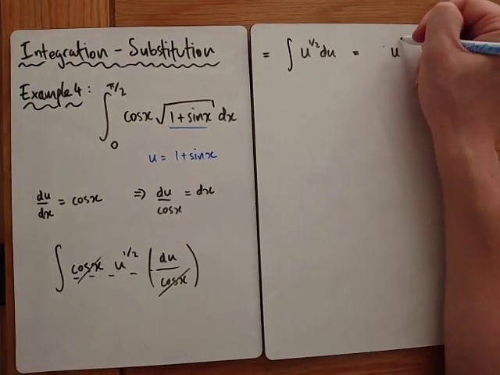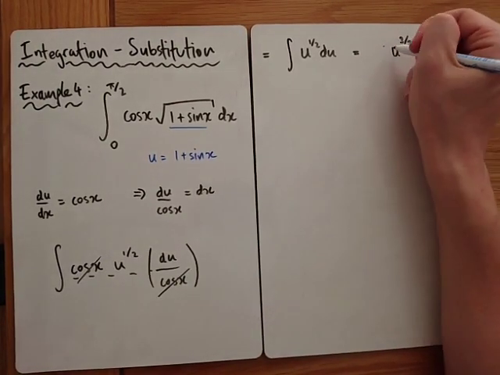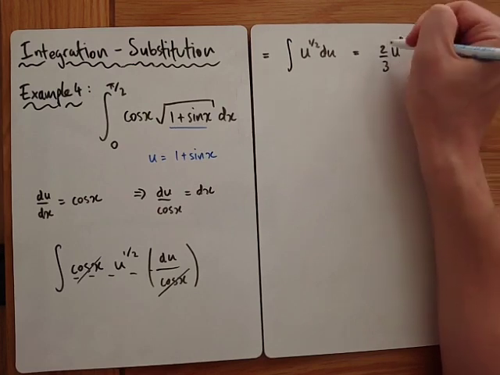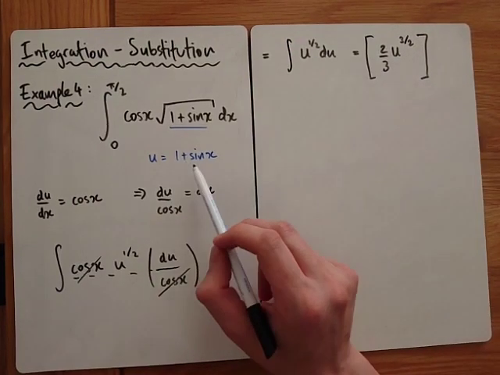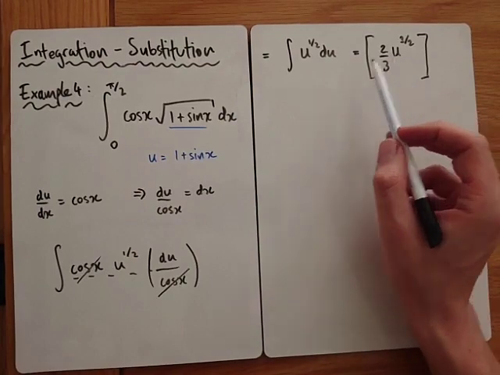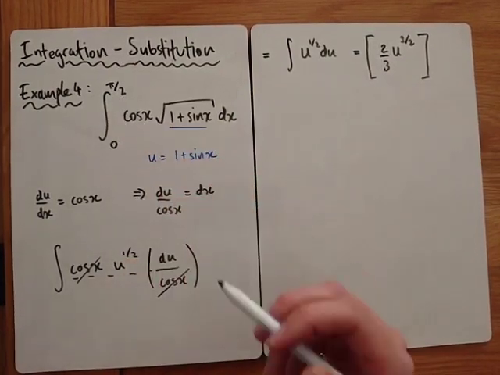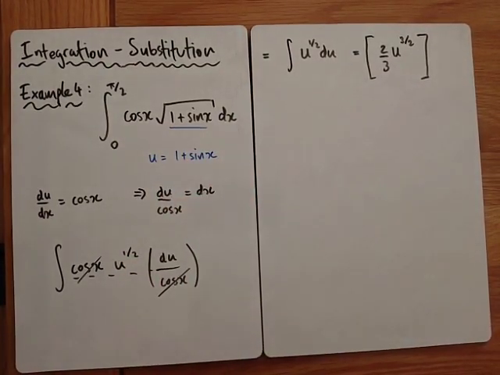Add 1 to our power, multiply by the reciprocal. And the only thing we can really go wrong with on this one is to be careful with our limits. You could put it back in terms of x for this one, so instead of u, we could write 1 plus sine x and then sub in the x values. That would work fine for this question. I'm just going to show you how to change the limits.